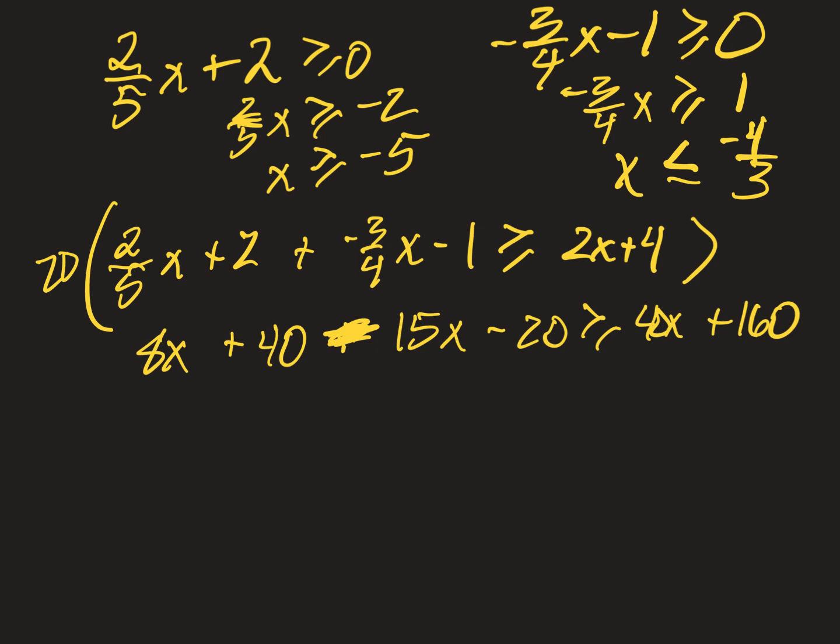All right? And now I can do the x's. So 8x minus 15x is negative 7x plus 20 is greater than or equal to 40x. Excuse me, this should be 80, not 160, plus 80.